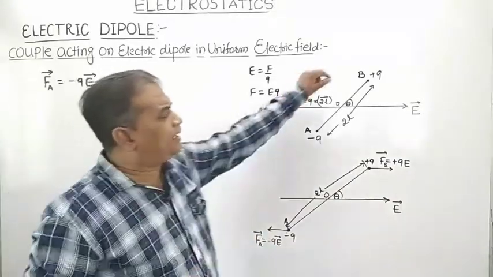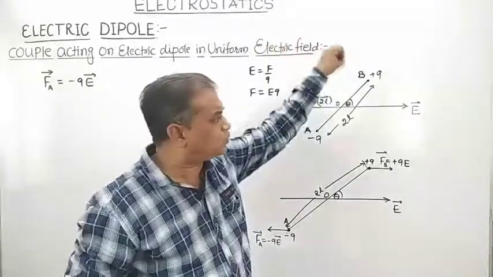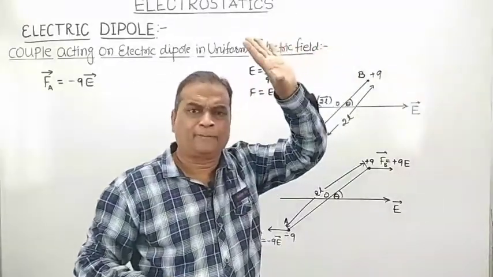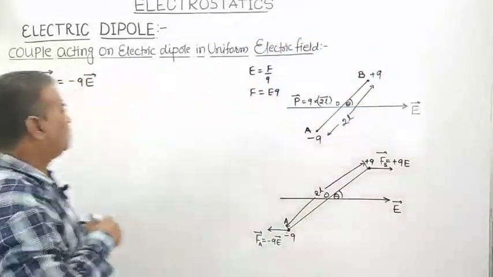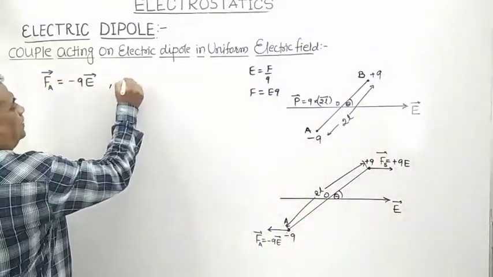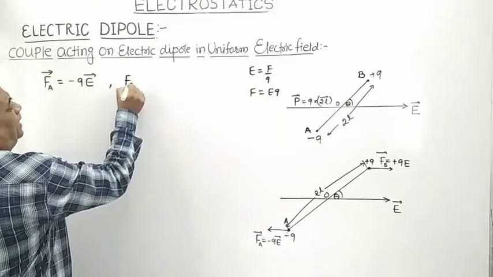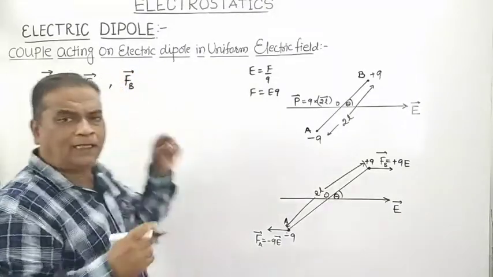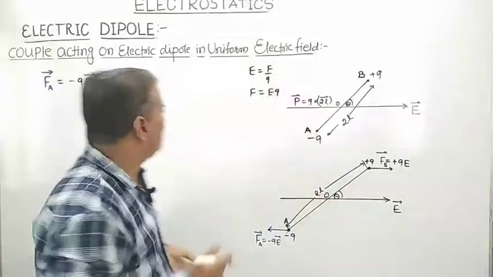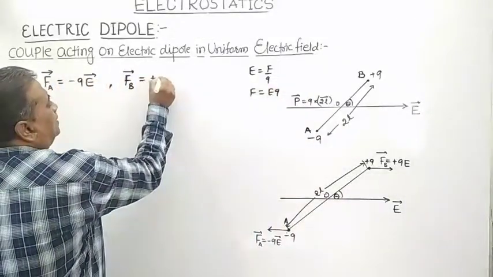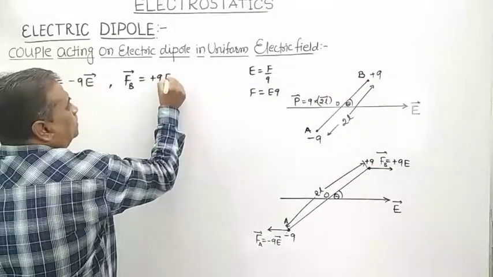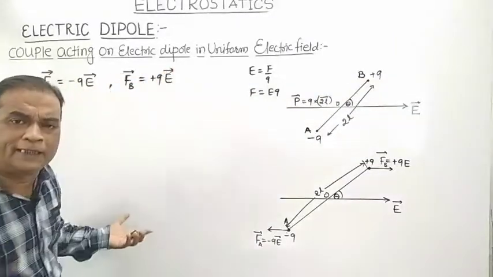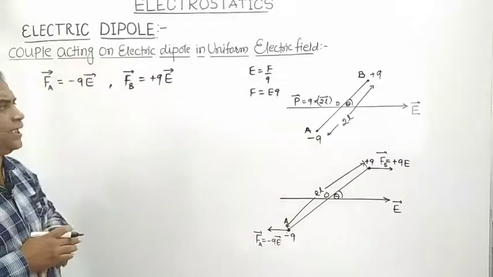Similarly, we have a charge plus q, which is also kept in a uniform electric field, so it is also acted upon by some force. What is the force acting on charge plus q at point B, denoted by F suffix B? The force is the charge at point B, plus q, into the electric field of intensity E in which that charge is kept.